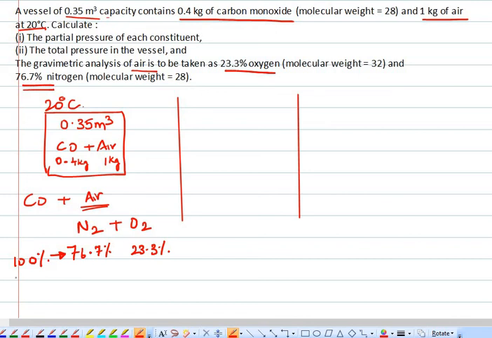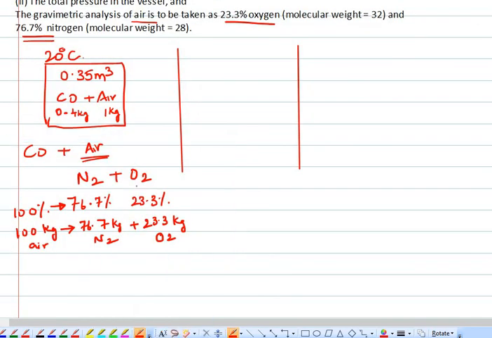76.7% will be nitrogen and 23.3% will be oxygen. Or I can say out of 100 kg air, 76.7 kg will be nitrogen and 23.3 kg will be oxygen. If for 100 kg nitrogen is 76.7 kg, then for 1 kg air I will be having, you have to divide by 100 on both terms.